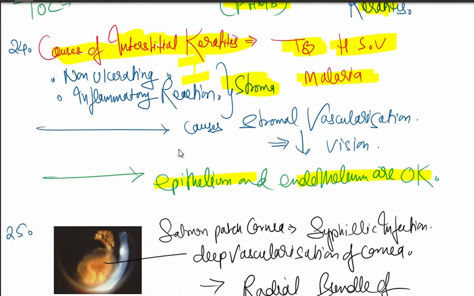It is a non-ulcerating inflammatory reaction. It causes stromal vascularization. Vessels come into the stroma. That's why vision decreases.